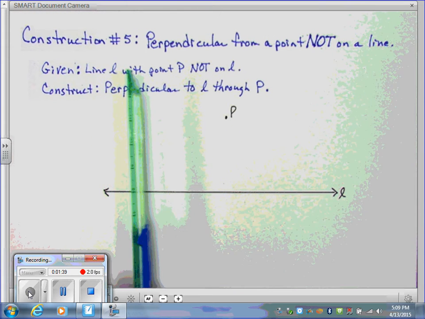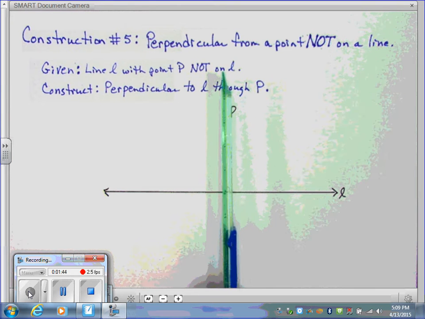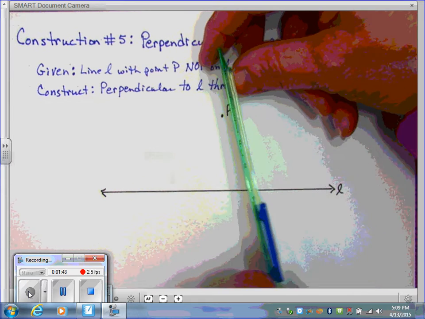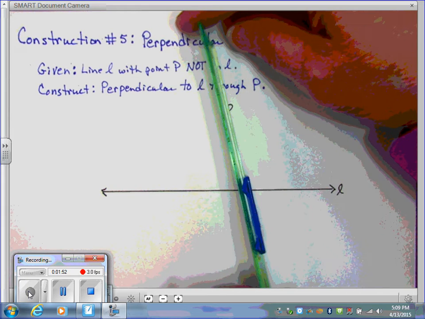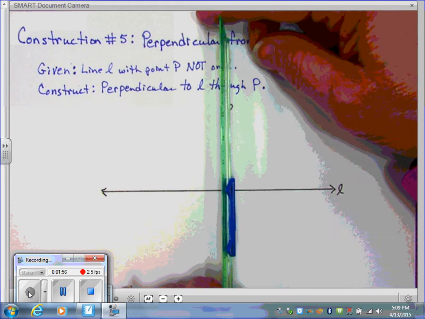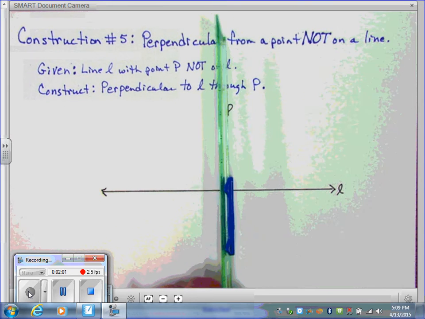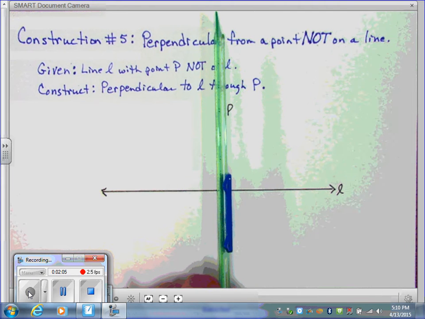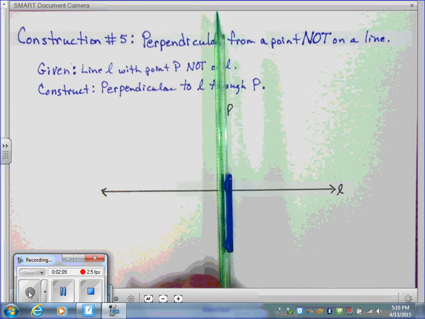But I'm looking for the one that goes through P. Another way to look at it is I'm looking for a line through P, and there's a lot of lines through P. Do you see all these lines are going through P? But I'm looking for the one that is perpendicular to L. So there's 2 different ways to think about this, but here we see visually what I'm after. Everybody good with that? It's going through P, and it's going to end up being perpendicular to line L.